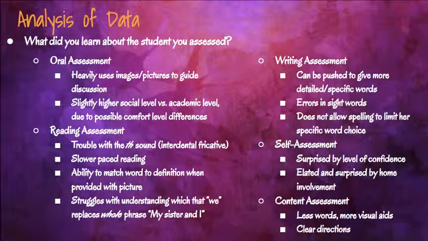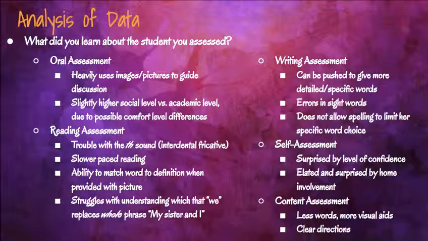So when I look at the analysis of all of this data, I learned so much about Paulina, and I broke this down into the 5 different assessments that I did give or created. For the oral assessment, I realized that she uses images and pictures a lot to guide her discussion. I also noticed that she has a slightly higher social level of speech versus her academic level.